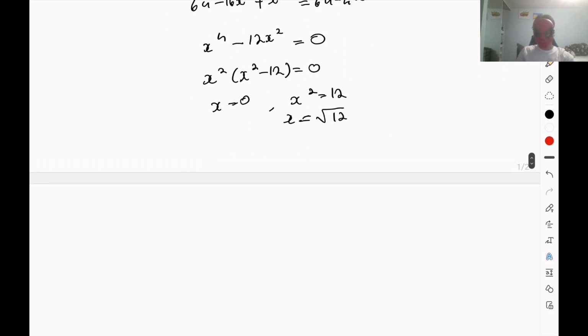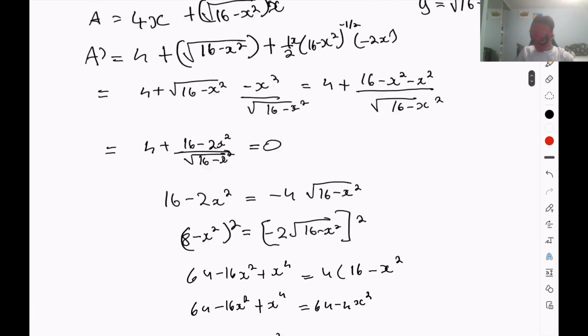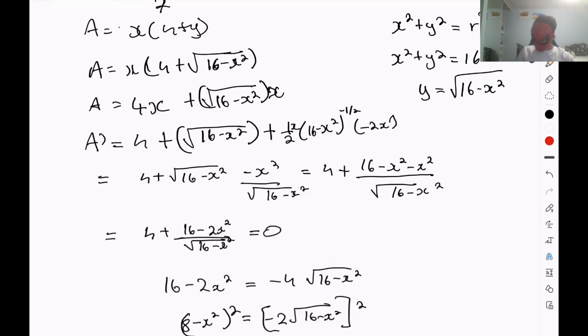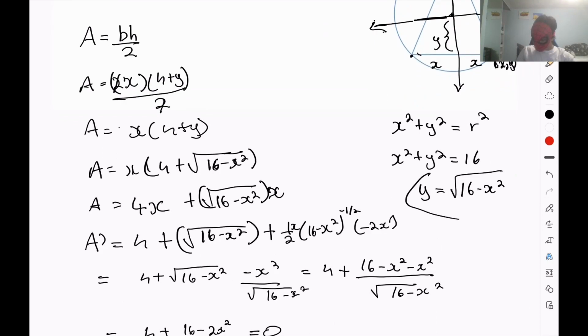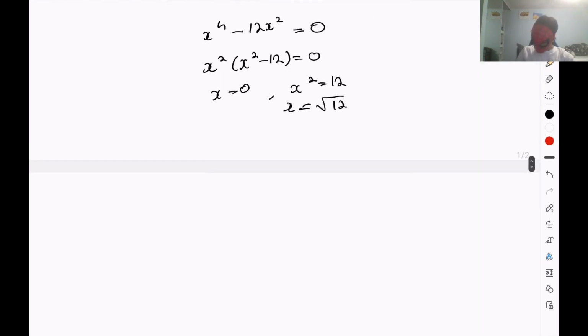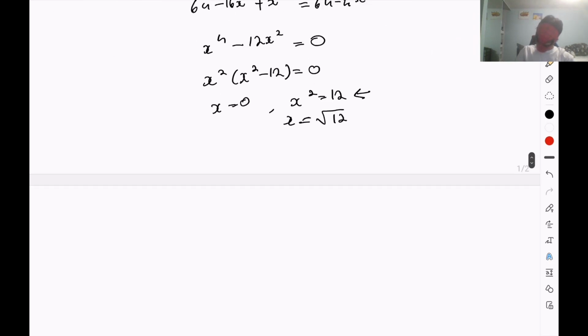Now that we found x, we'll plug it into y, which is this value right here, to find y. And the equation for y is right here. I know x squared is equal to 12, so when y is equal to the square root of 16 minus x squared, I can do 16 minus 12.